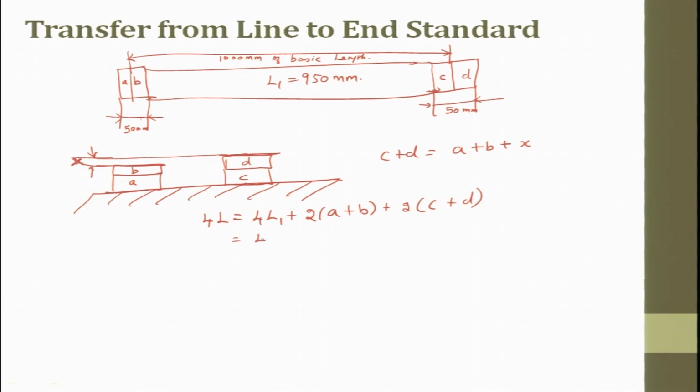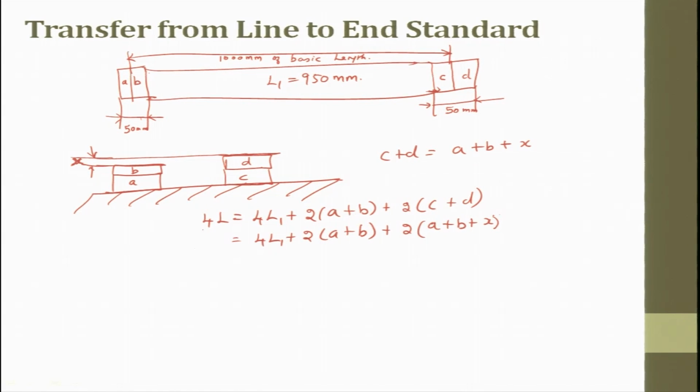So now it is 4 times L1, plus 2 times A plus B, plus 2 times A plus B plus x, and then I finish it.